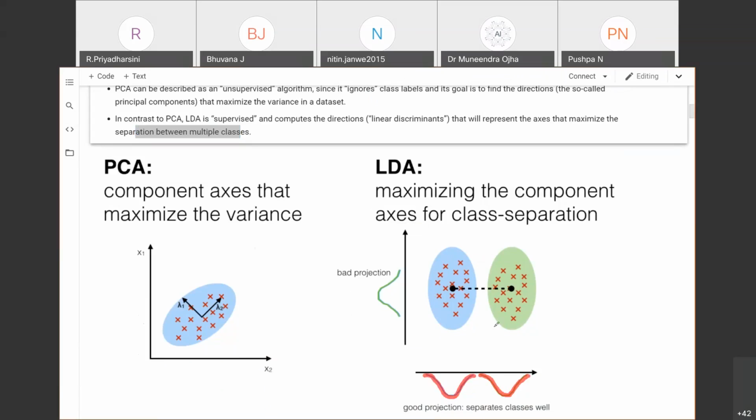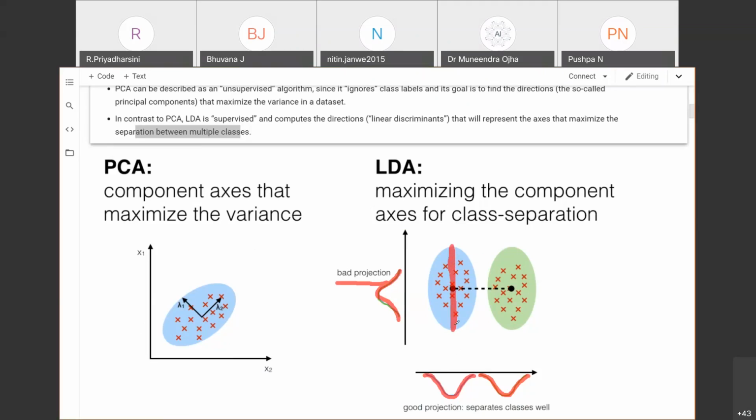So it gives the maximum separation between the centroids of the two classes. If we project in this direction, it will be a bad projection because it is not separating. All the values are falling in this region only. But a projection on this axis will be a better projection. However, you understand that the other axis is giving the maximum variance, right?